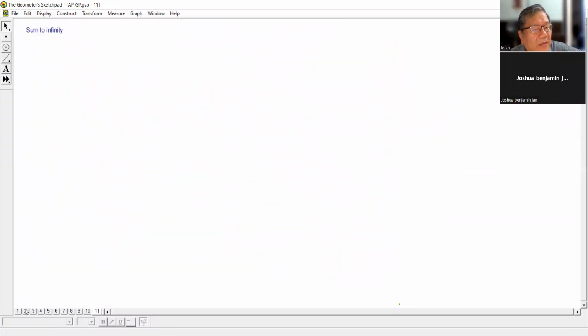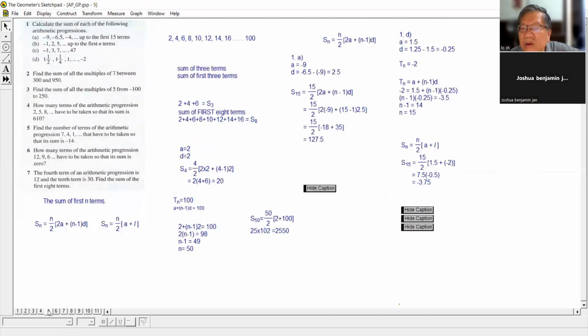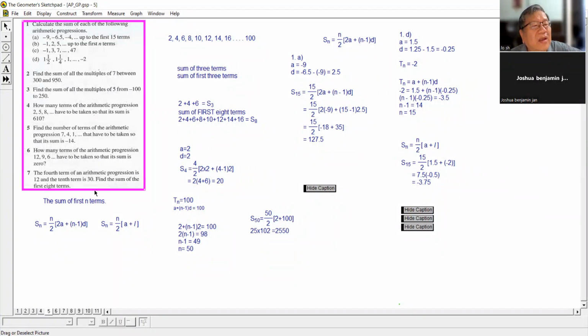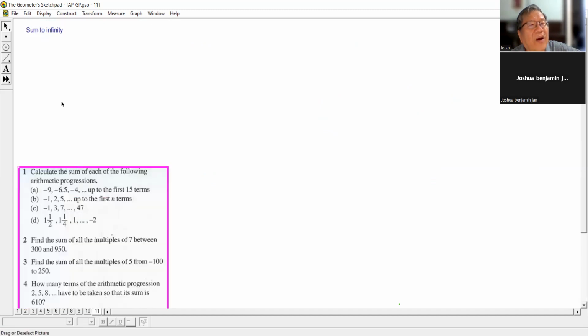Okay, never mind. We go back to here. This one. Okay, I just take this. Then I copy and move to the last page. Then I paste the picture.